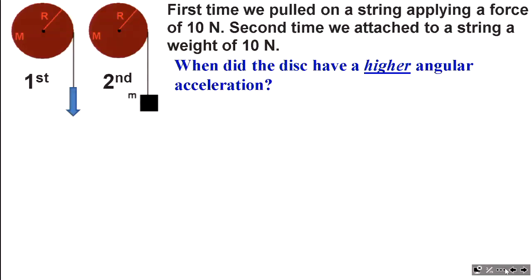And the first case, of course, is absolutely straightforward. We've done it before. We just have to write Newton's second law for rotational motion of this disk. There are many forces, but only one torque.